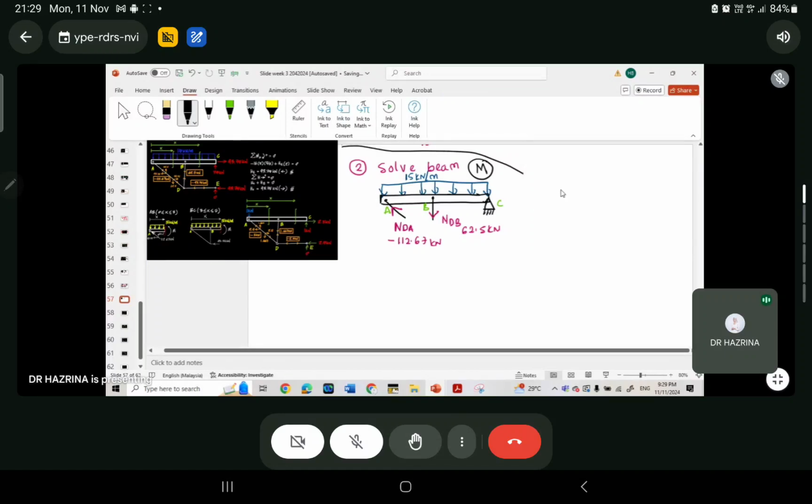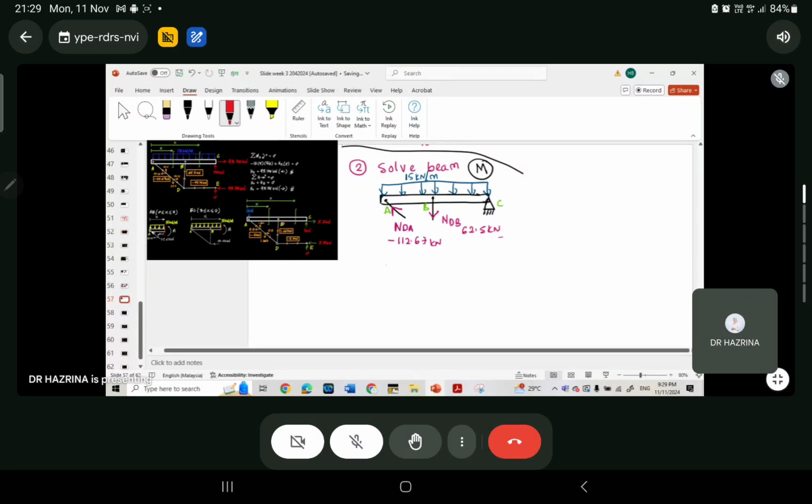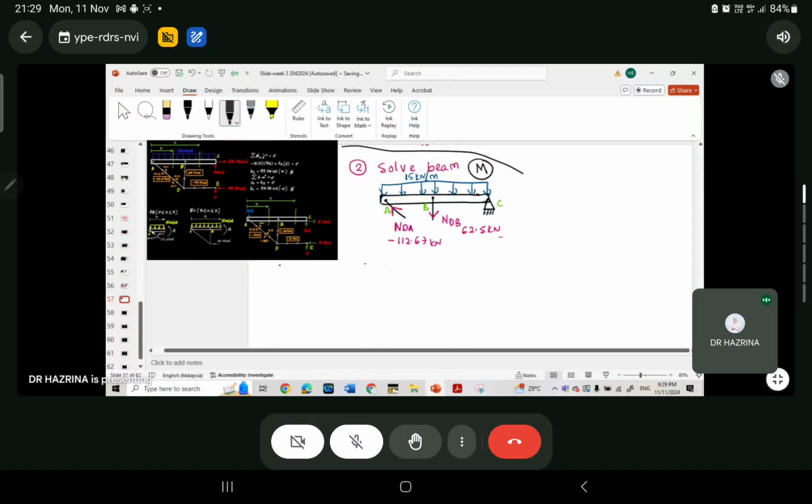Okay. So, maksudnya di sini, you akan have your, let me use another color. Kita ambil color ni lah. Okay. So, maksudnya sekarang ni macam saya katalah, cara you nak cut tu you ada macam-macam lah.